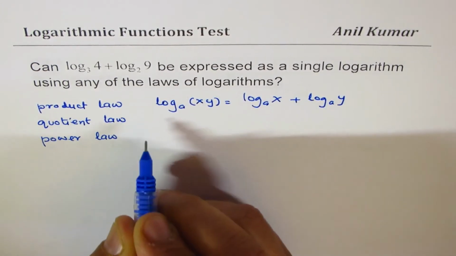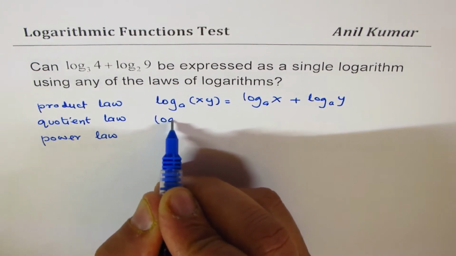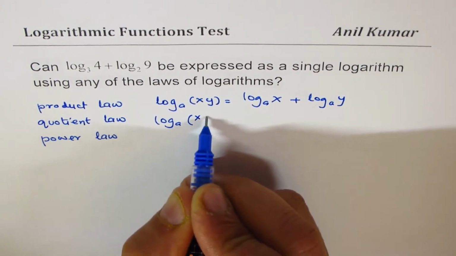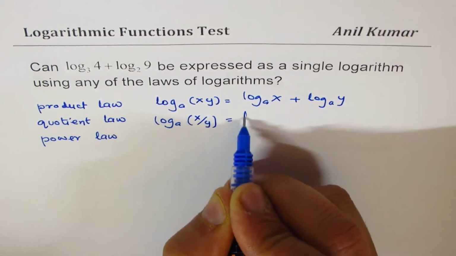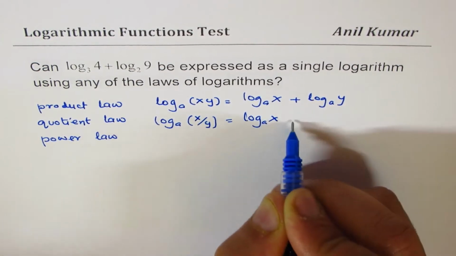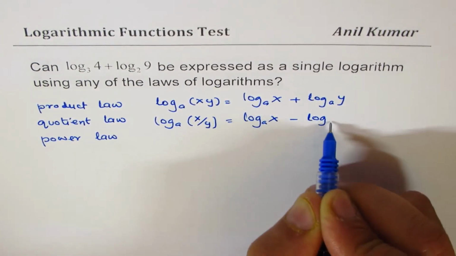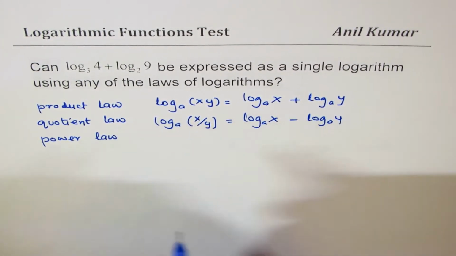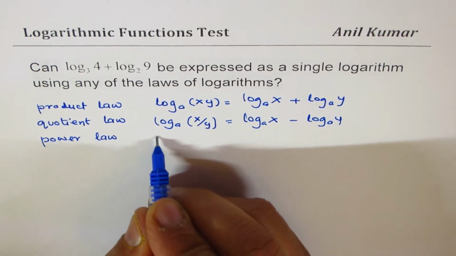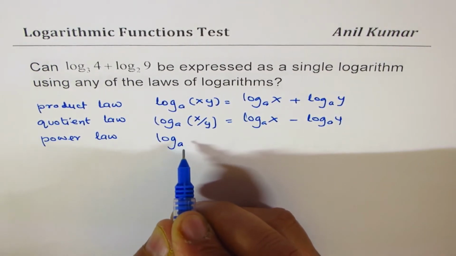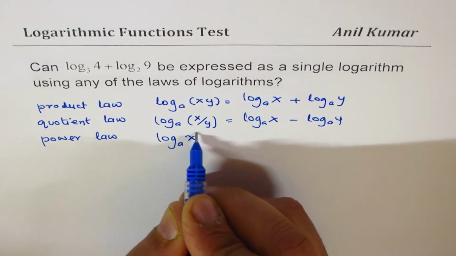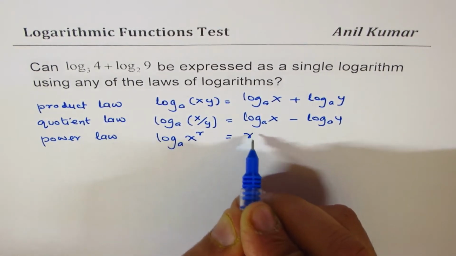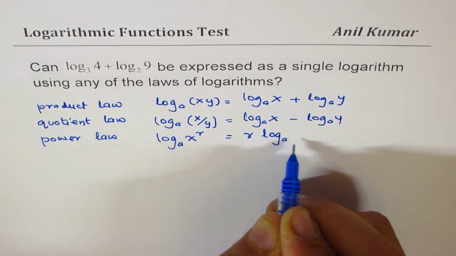So that is the product law. The quotient law is log to the base of x over y will be written as log to the base of x minus log to the base of y. And the power law can be written as log to the base of a, x to the power of r equals r times log to the base of a of x.